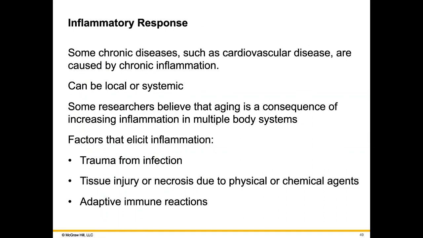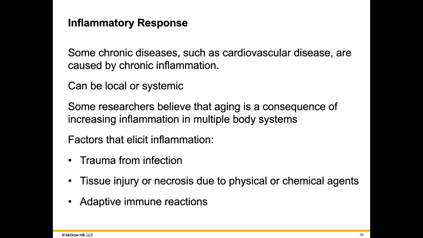All right, so some chronic diseases like cardiovascular disease are caused by this chronic inflammation. It can be local, it can be systemic. Aging is a consequence of increased inflammation in multiple body systems, is what some researchers believe. So if we can control inflammation, maybe potentially we can slow down the aging process, something to think about.